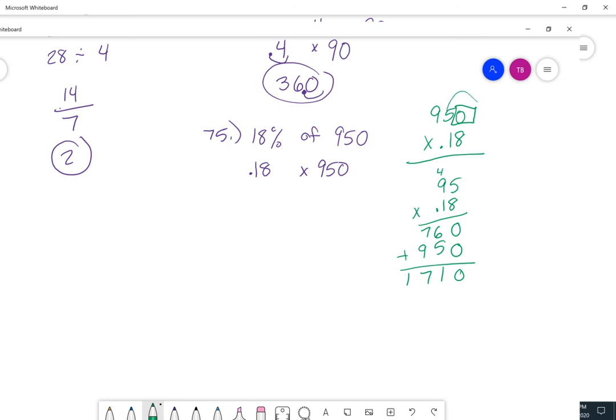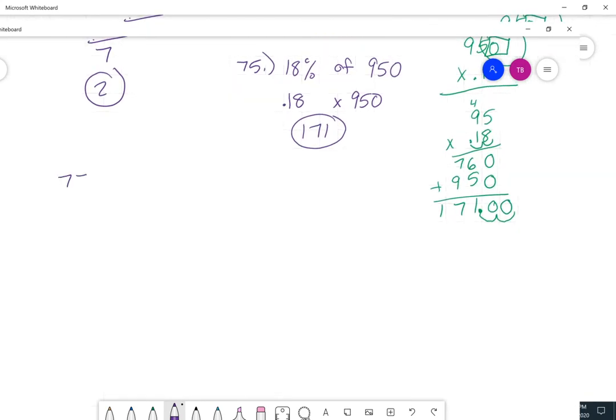But remember right here that we took off that 0 at the beginning, so we need to put that 0 back on. And then if we look at the problem, we have 2 decimal places in the problem. We need 2 decimal places in the answer. So my final answer is 171. If you're confused at all on that, please ask me in class.